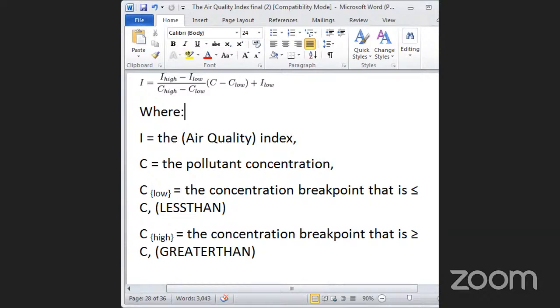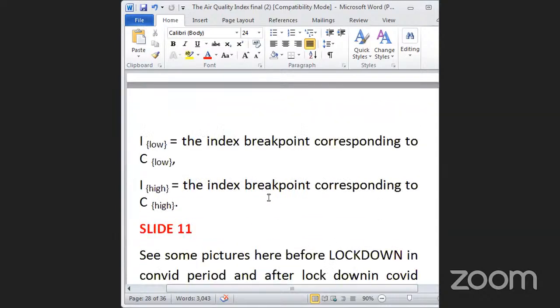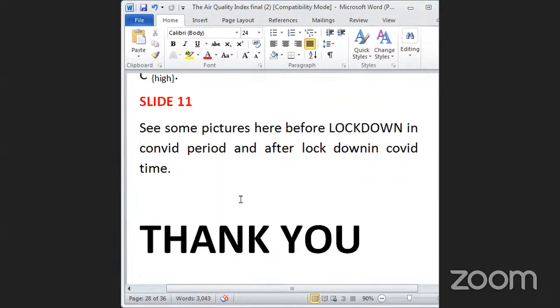And C high means the concentration breakpoint that is greater than C. So I low means the index breakpoint corresponding to C low, right? And I high means the index breakpoint corresponding to C high, right? So this is the formula of the air quality index.